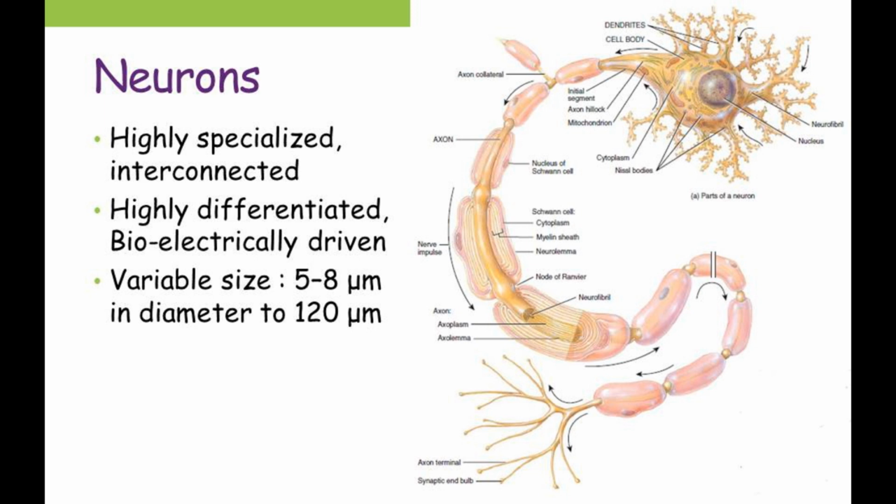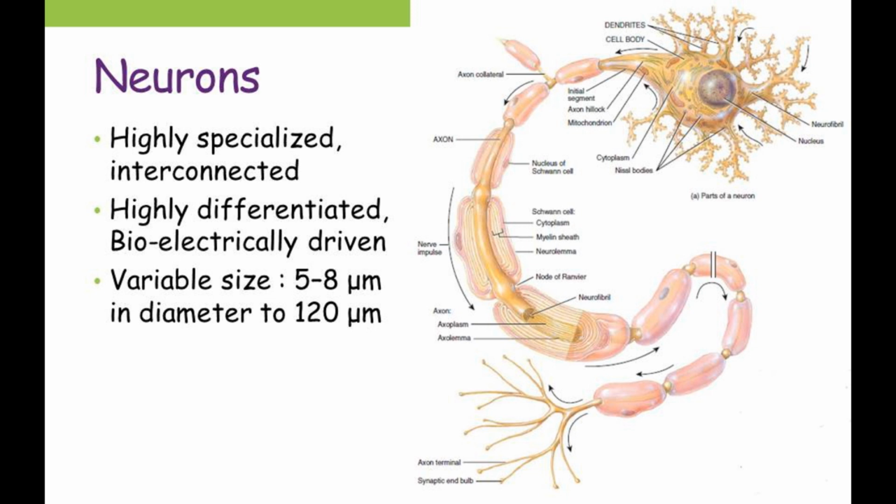Moving on, we'll go into the neurons. So the neurons, as you can see in the figure, are highly specialized, interconnected, and highly differentiated cells of the nervous system.